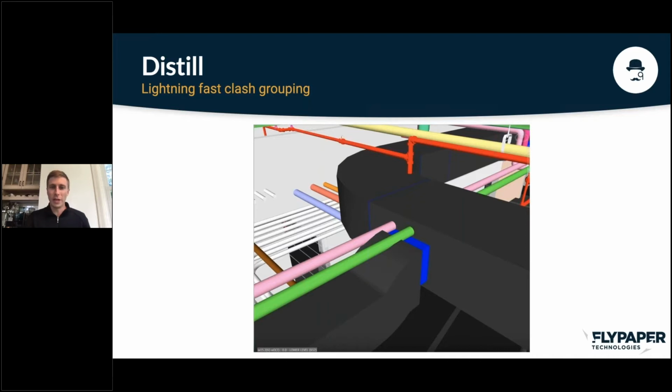as people, we can look at this picture and identify that there's two pipes going through a duct here, and that's one problem that we need to solve. But when Navisworks looks at this, it identifies issues as a computer would.